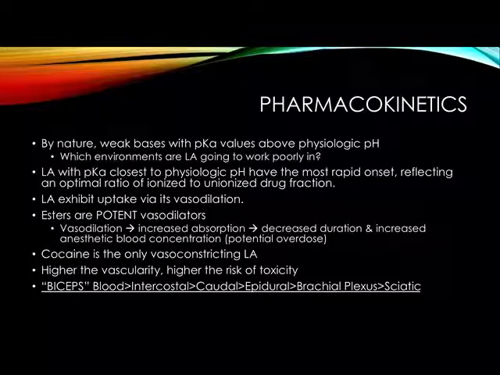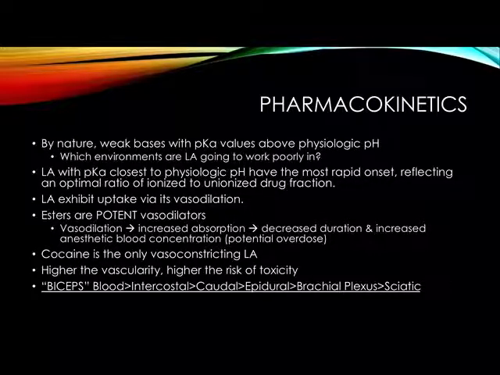Moving along to pharmacokinetics, by nature, local anesthetics are weak bases with pKa values above physiologic pH. Which environments are local anesthetics going to work poorly in? And the answer to that is going to be an acidic environment. So in an area in the body where there might be an infection, you wouldn't want to try to inject local anesthetic.